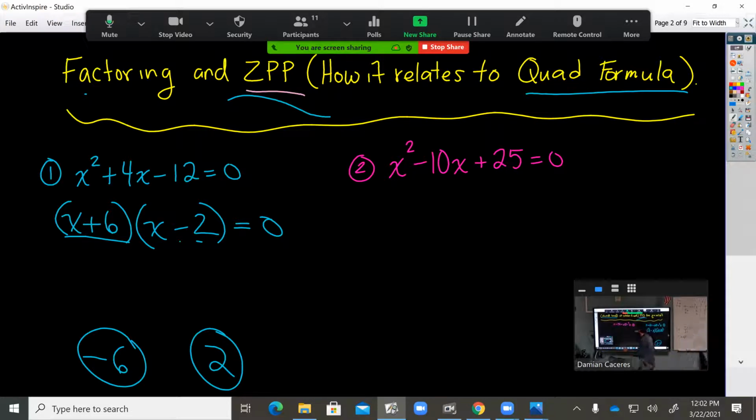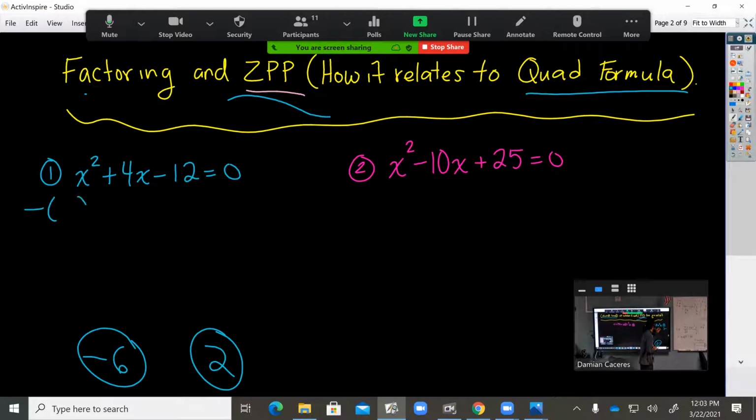Now we're going to erase the factors, pretend they're not there, and use the quadratic formula to solve this. Then we can compare it to our answers that we got using the zero product property. You with me? So, first things first. My opinion: whenever you see a letter in the quadratic formula, put a parenthesis so you can avoid mistakes.